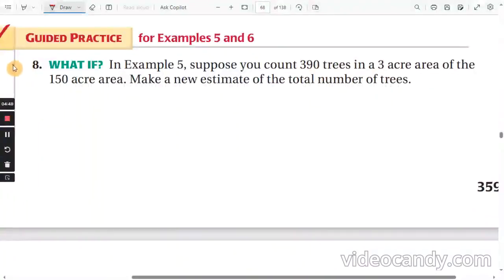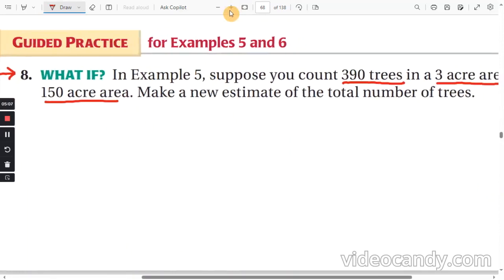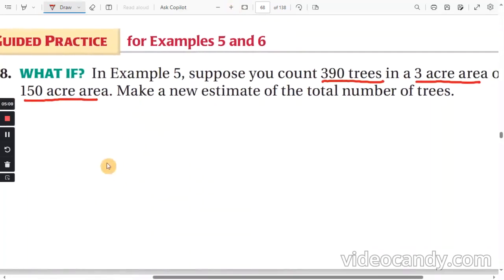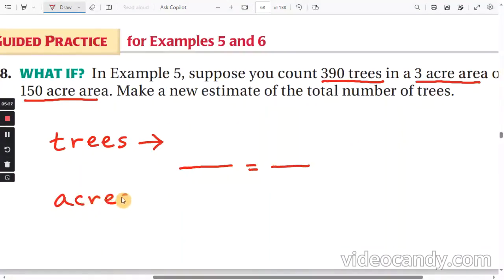Pause and try guided practice number 8. It says in example 5, suppose you count 390 trees in a 3-acre area, and then they want you to estimate how many trees are in a 150-acre area. So what you want to do is have trees in the numerators, and then you want to have acres in the denominators.